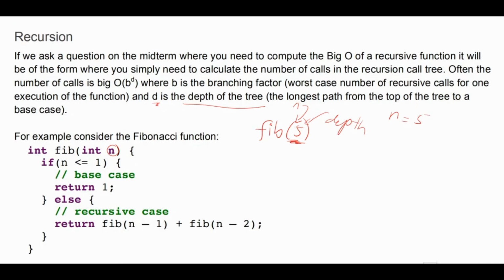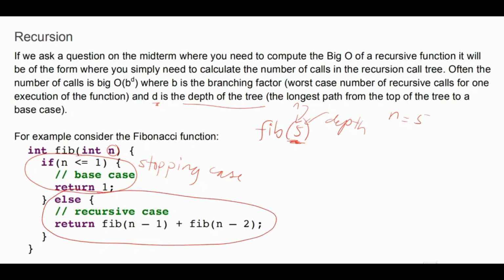Look at this function. We have here two cases. The base case is this one, or we also call this the stopping case. And this part here is the recursive case. Okay?